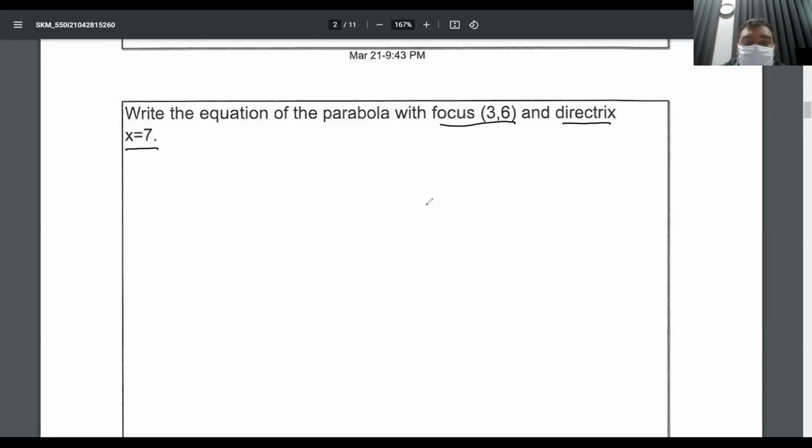So we know our focus is somewhere, I'll just put a little grid line here, 3, 6. 1, 2, 3, 4, 5, 6. So somewhere here is your focus. And your directrix is the line X equals 7. 1, 2, 3, 4, 5, 6, 7.